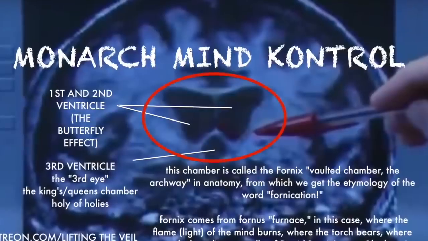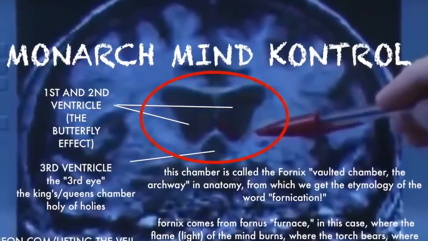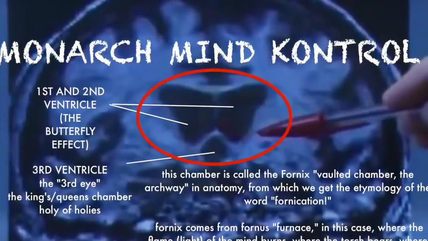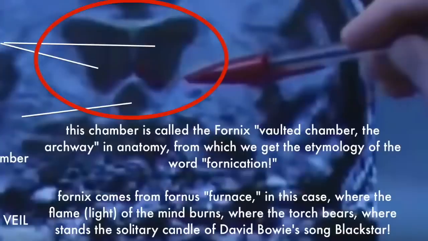And what would be the abdomen of the butterfly down below is what's called the third ventricle, which is also called a fornix, which means in etymology, the fornix means a vaulted chamber. And it's called a fornix, or a vaulted chamber, because as we can see, the geometry here makes up an archway, or a vault.